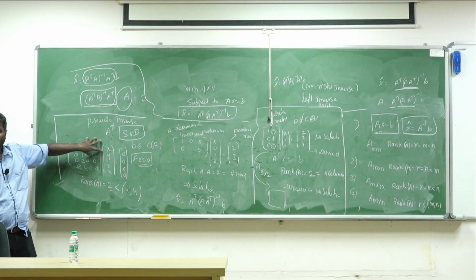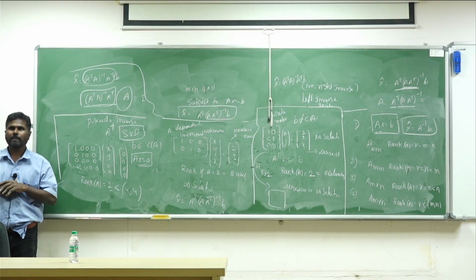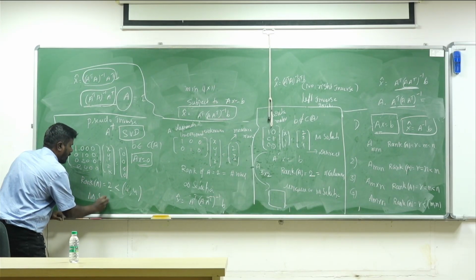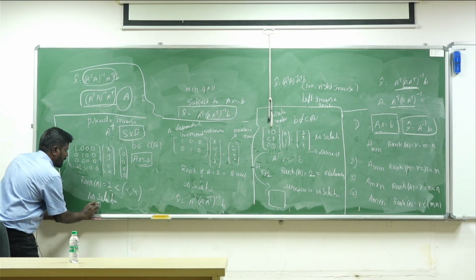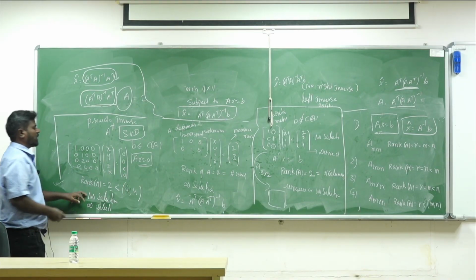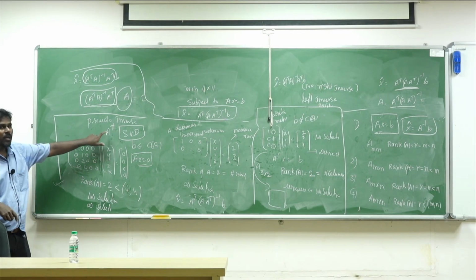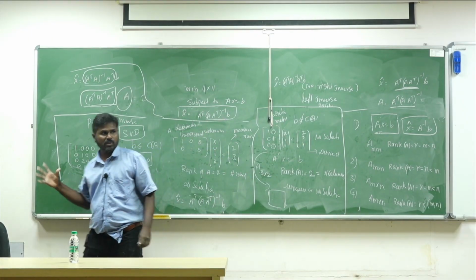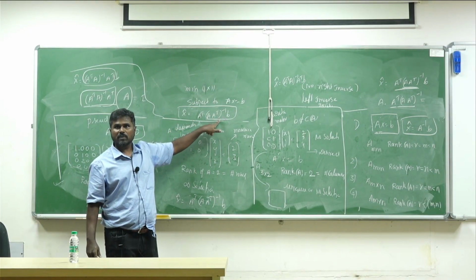In the fourth case, what are the possible solutions that we can have? The possibilities are no solution and infinite solutions. When you don't have a solution, the pseudo inverse takes you to the least square solution. When you have infinite solutions, the pseudo inverse takes you to this solution.